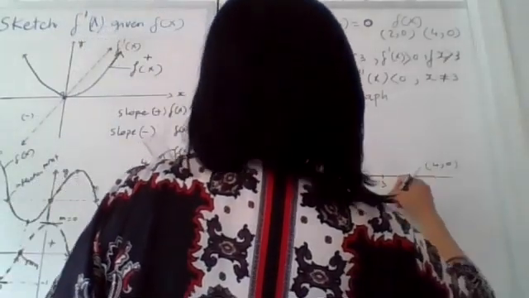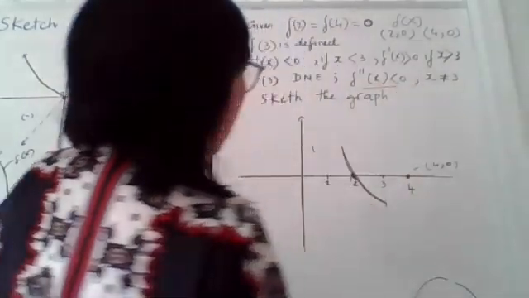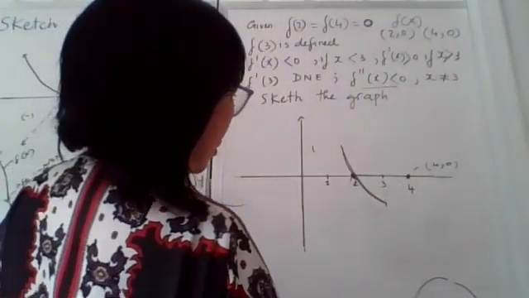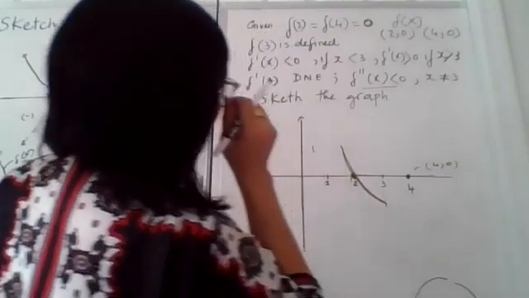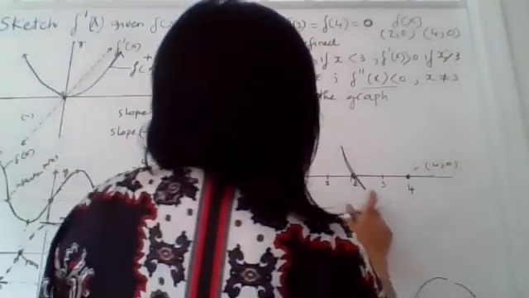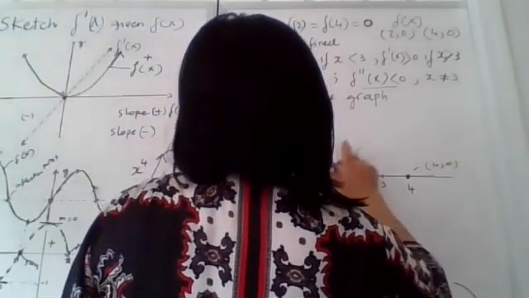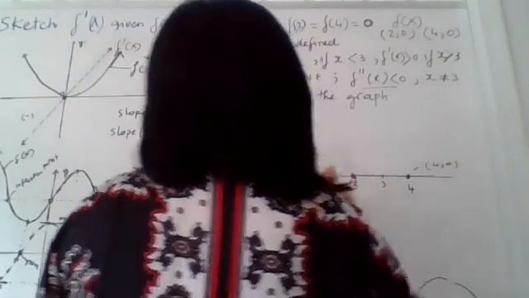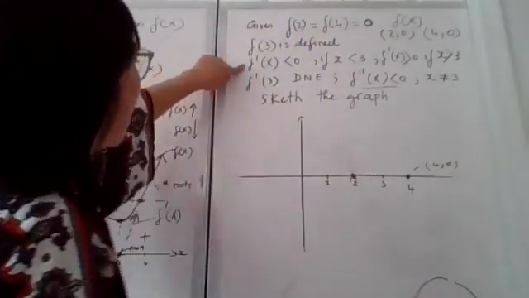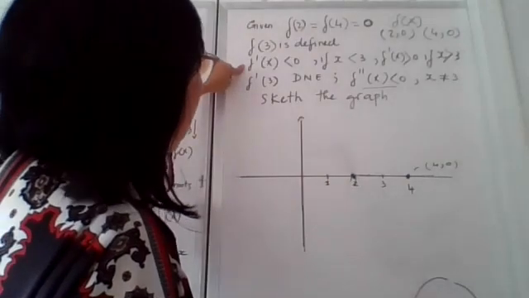So we have concave down, because less than 0, we have a concave. That would be concave up. That doesn't make sense. Okay. f prime of x less than 0.